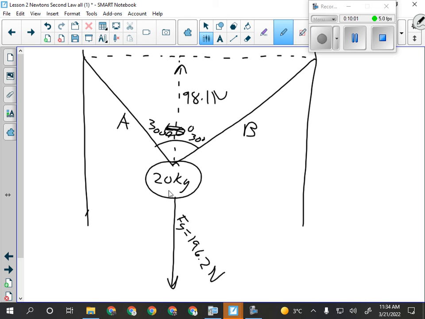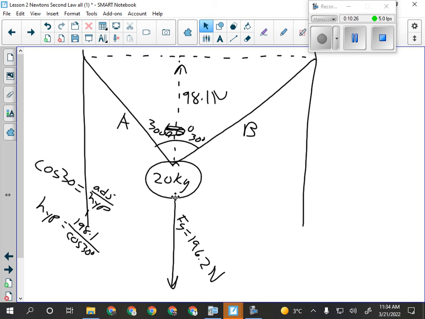So if I'm going to find that number, cos of 30 equals adjacent divided by hypotenuse. Then hypotenuse will equal 98.1 divided by the cos of 30 degrees. I got that one wrong because I did trig wrong in my head. I shouldn't do trig in my head.